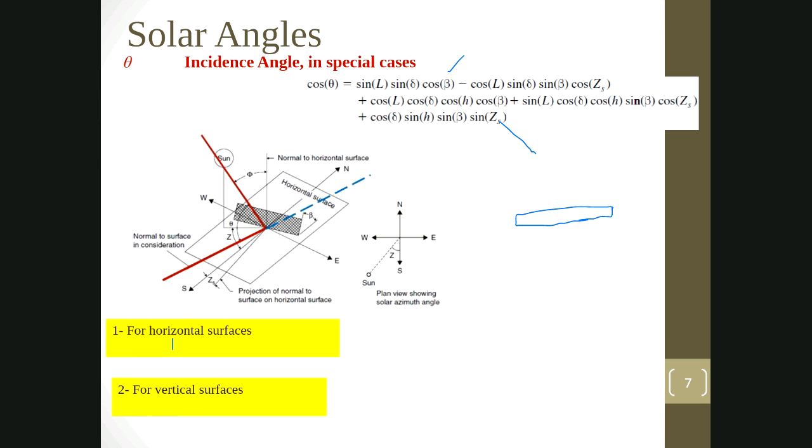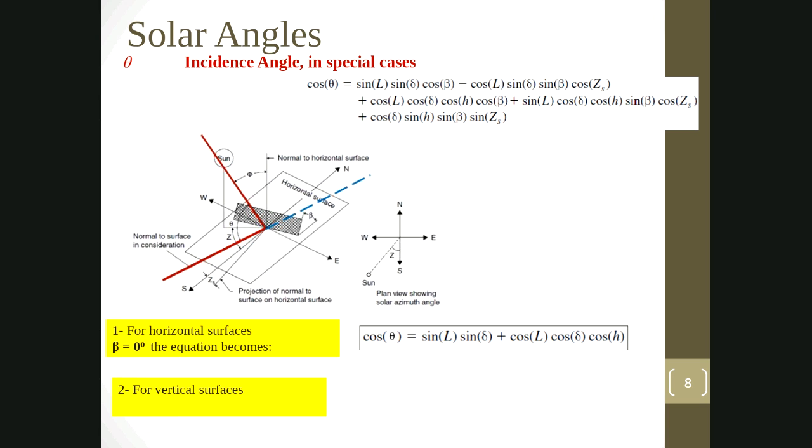I go to this long equation and substitute beta with 0. The first part stays. The second part is cancelled since I have sine beta. The third part still stays because cosine beta is equal to 1. The fourth part is cancelled, and also the fifth part.